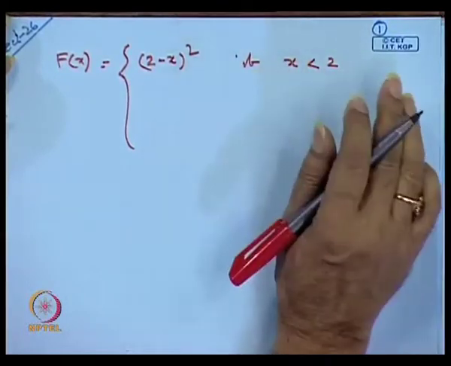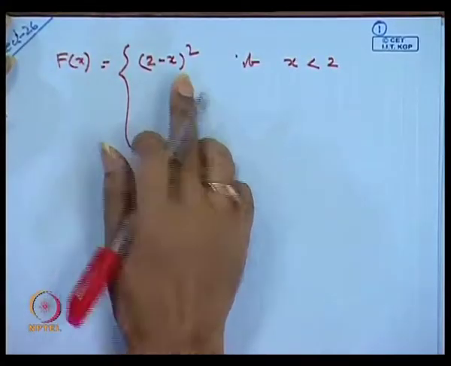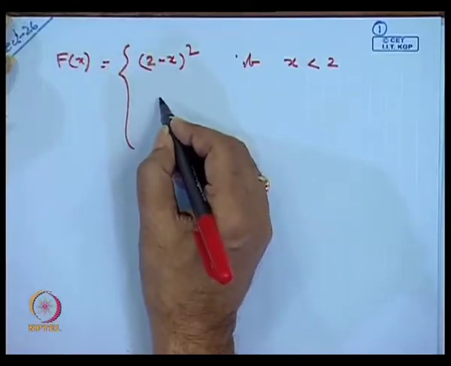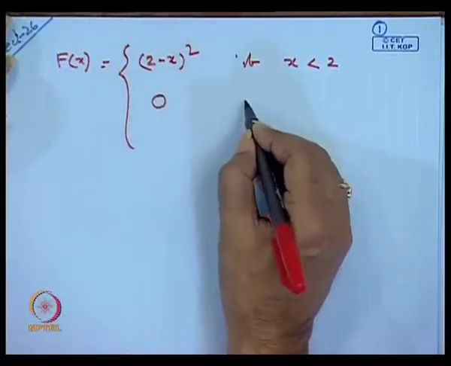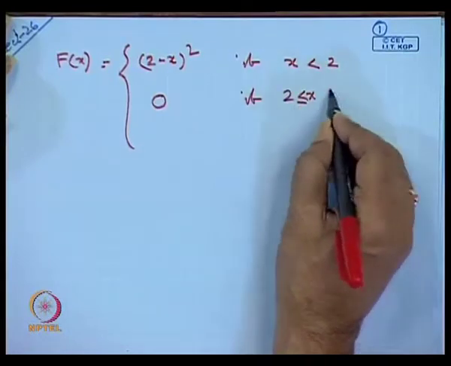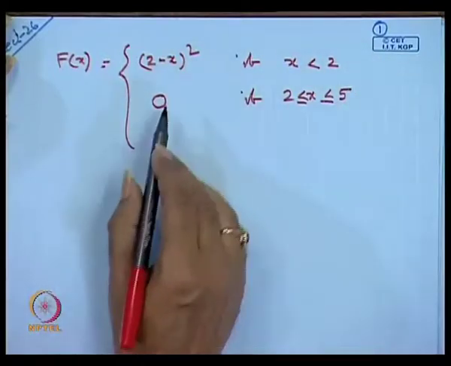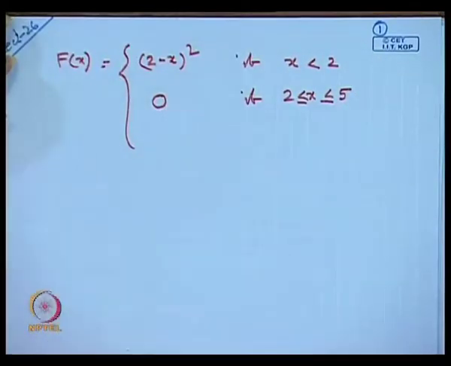That means if the x value is not in the feasible range, then the f of x value is this. If it is in the feasible region, that is, x greater than or equal to 2 and less than or equal to 5, the function value is 0, because it is the exterior penalty function method.